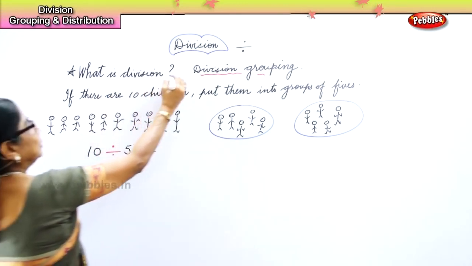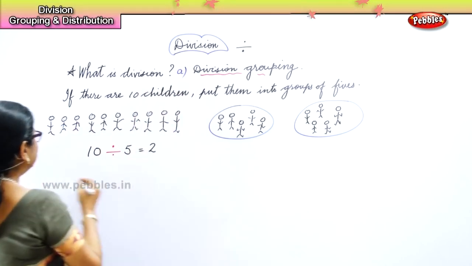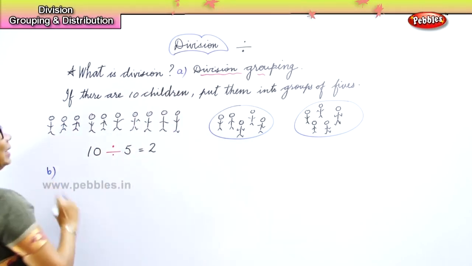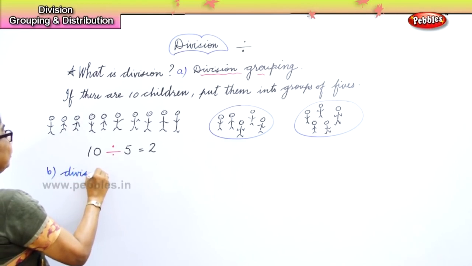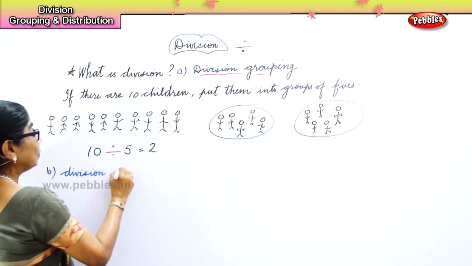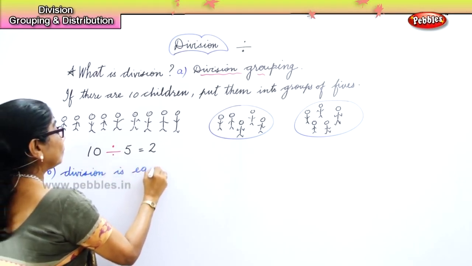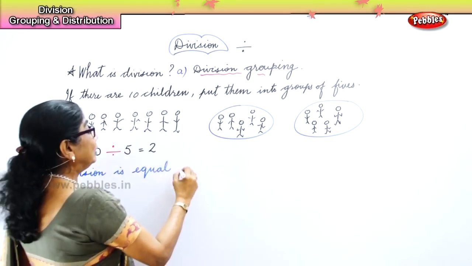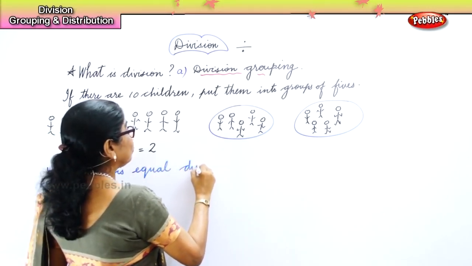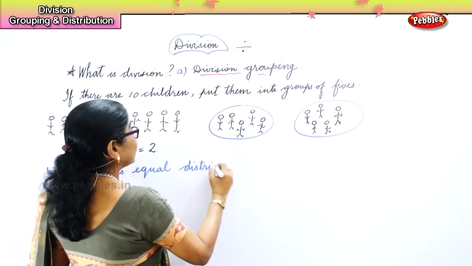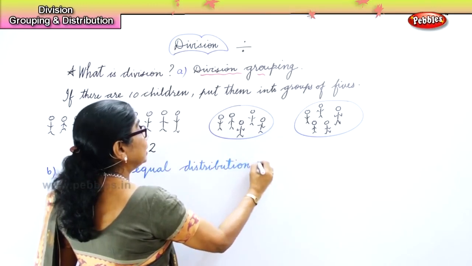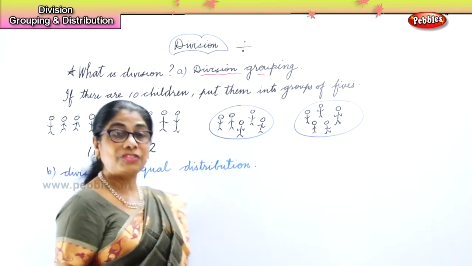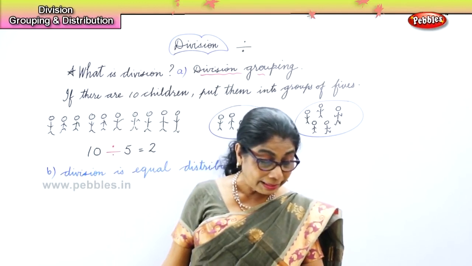So this is A. Now B, we are going to look at division is equal distribution. Division is equal distribution. So everybody must get equal.